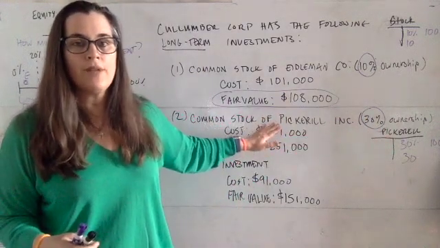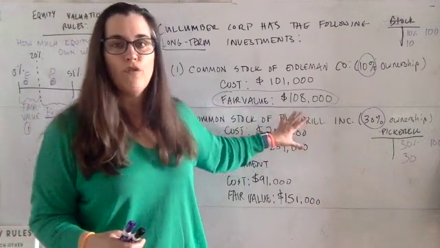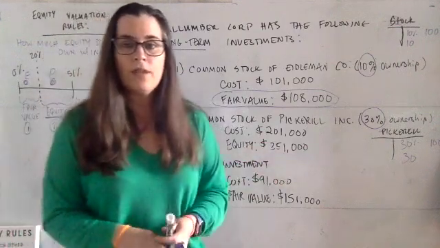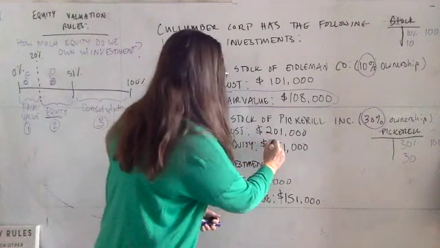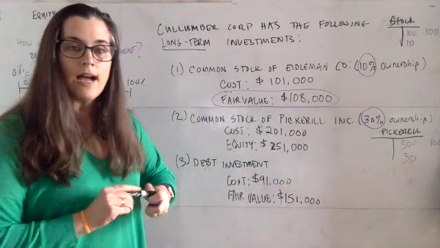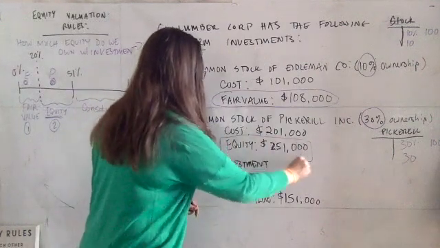And so the method of how we account for the value of the stock on the balance sheet is different based on the degree of control of ownership. So for the common stock of Pickerel Inc., we're going to use the equity value.